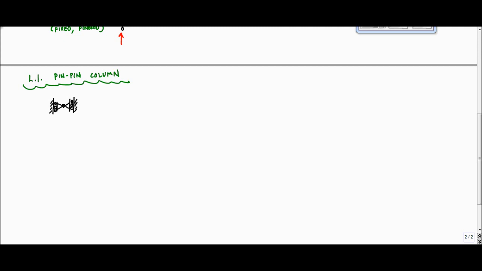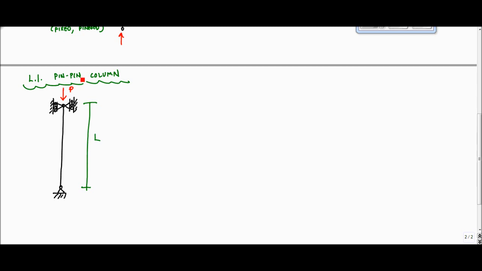And then I have my column that goes down like this right here, and it's pinned right here like that. It has a length L like this. It has some load P that's applied.